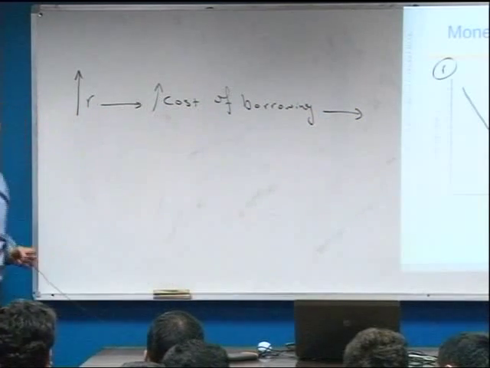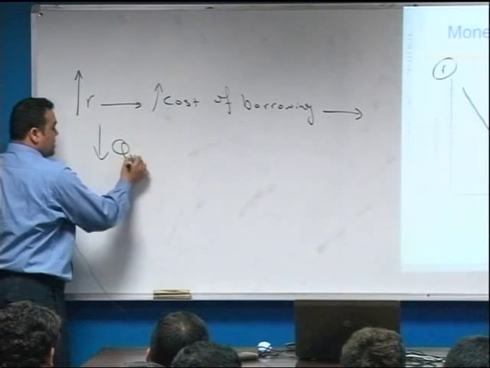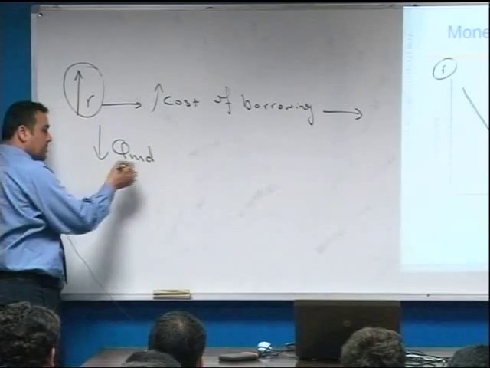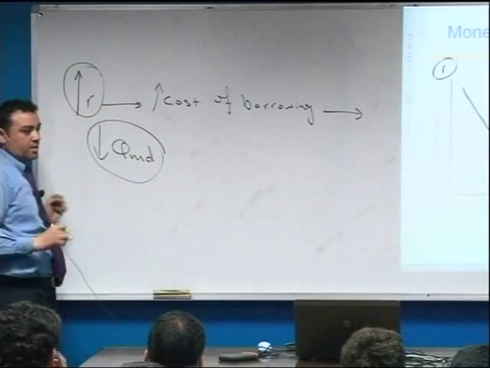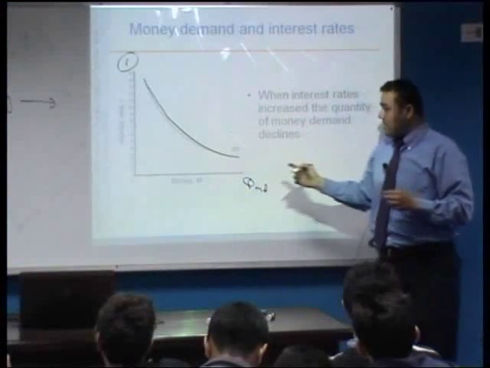The increasing cost of borrowing leads to what? A reduction in the quantity of money demanded. So we have an inverse or a negative relationship between the interest rate and the quantity of money demanded, which is illustrated in this diagram or figure.